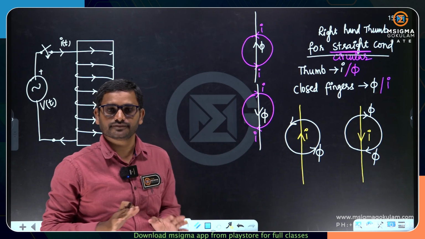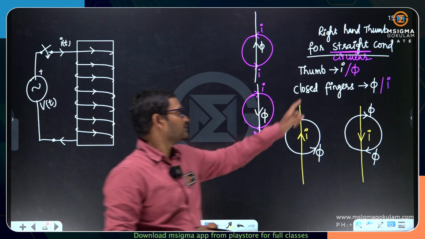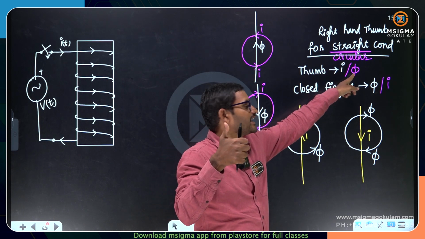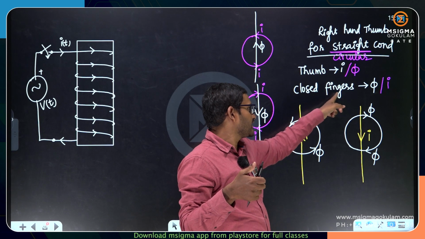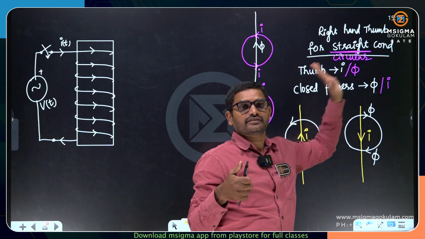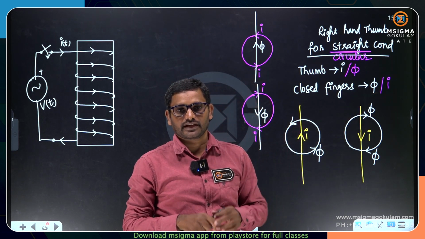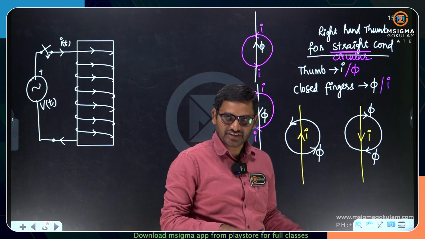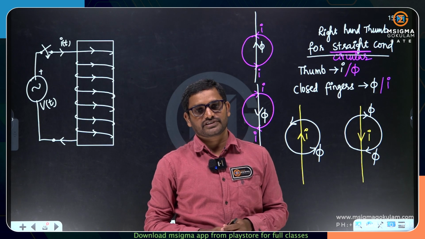It's quite opposite. Instead of indicating the current, you indicate flux, and instead of indicating flux, you indicate current. Quite reverse. If you remember the right hand thumb rule for a straight conductor, you just make it opposite.